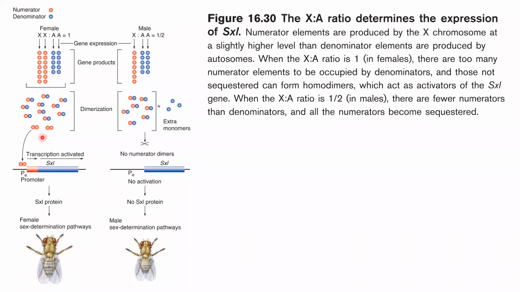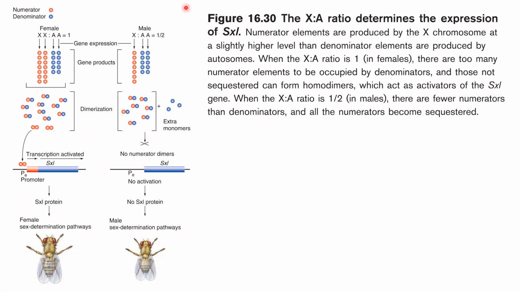So in the presence of the numerator homodimers, the transcription factor, we get the expression of the SXL early protein, and it is a female development, and it is a female fly. So the cascade enters the female development pathway.